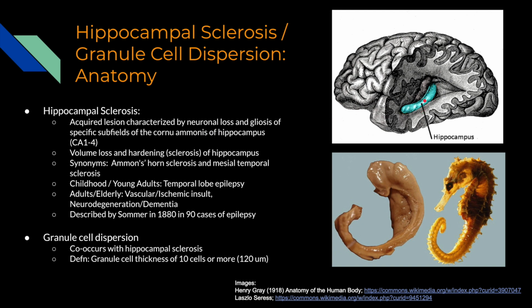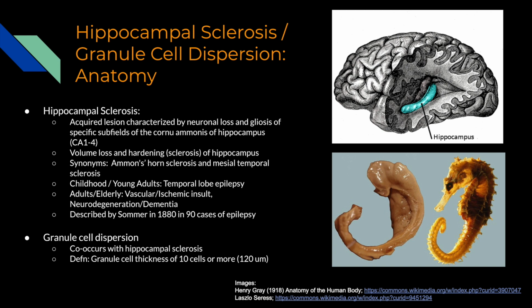It's in the medial aspect of the temporal lobe. And the reason why it gets its name hippocampus is when you resect this structure, you see that at least at the macroscopic level, it resembles the shape of a seahorse, or a hippocampus, as its Latin name is.